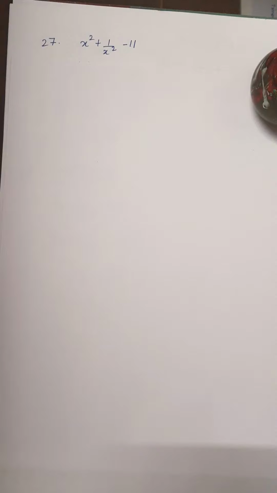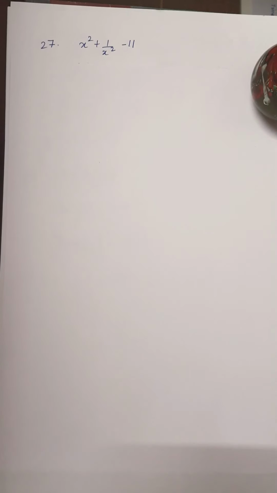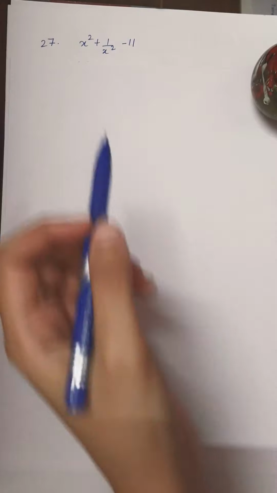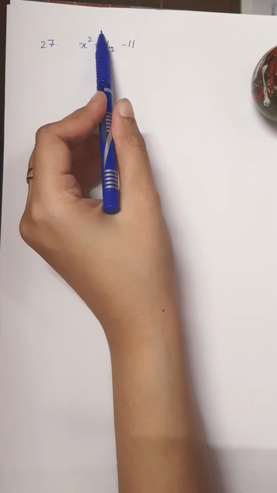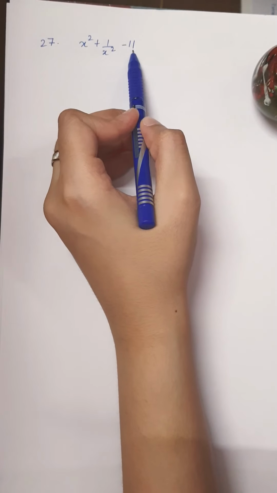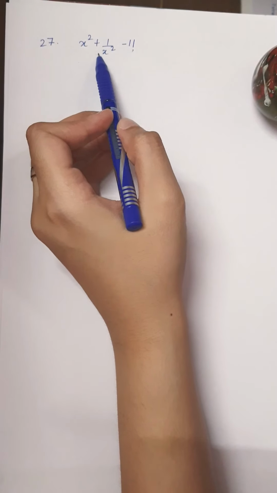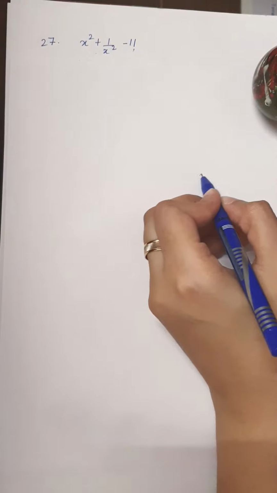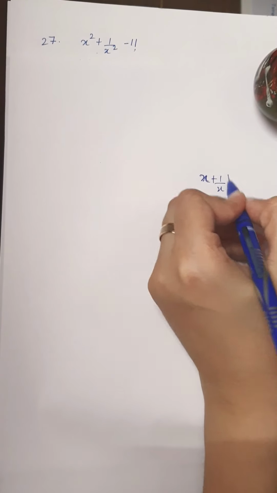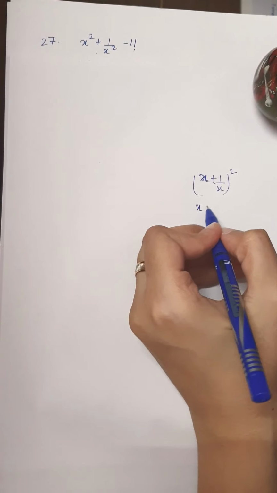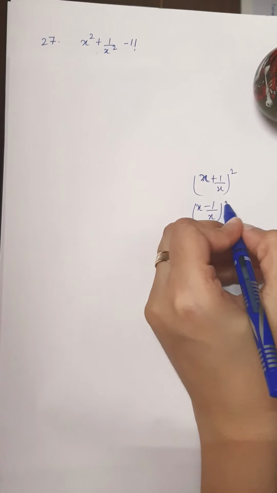Next question 27, one of the most important questions, because you need to make a perfect square here. Now let's see how it is supposed to be done. To make this a perfect square, what extra term I need, I will take out from this. That means this will come, see, (x plus 1 by x) whole square or (x minus 1 by x) whole square.